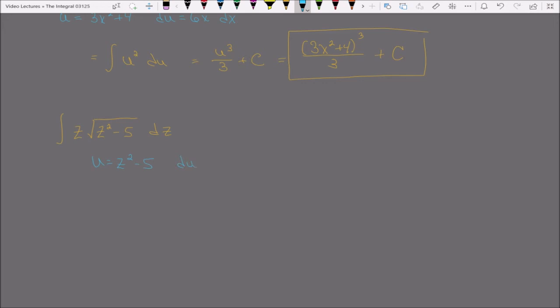And then our du would be 2z dz. Well, here's a z, here's a dz. We are missing a 2. So let's multiply by 2. But we can't just multiply by 2 unless we also divide by 2.